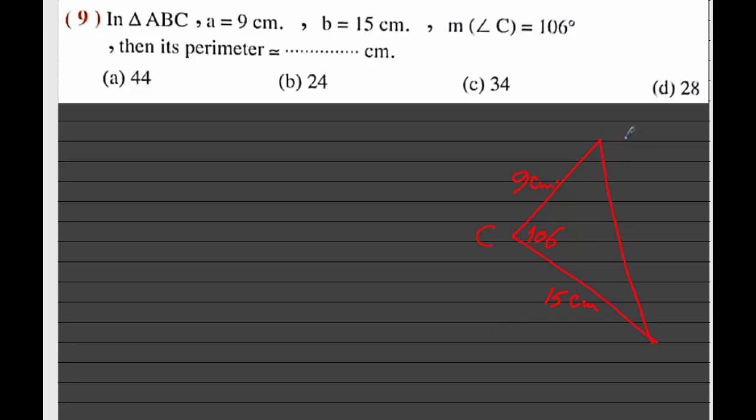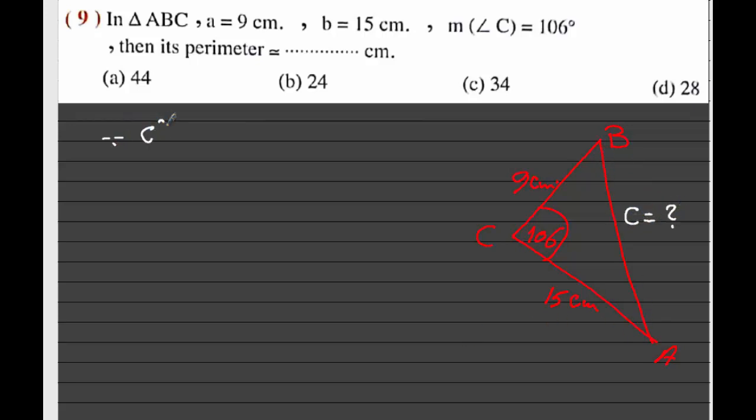Here we have A and B. Okay, measure of angle C equals 106. Then the perimeter of this triangle approximately equals. So we must calculate the length of AB. C. Here, what is the length of AB?